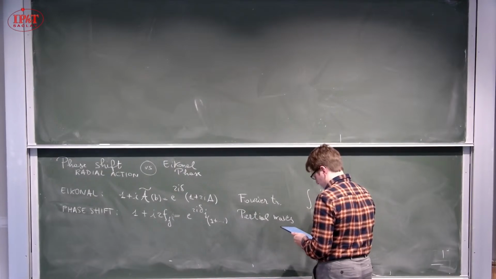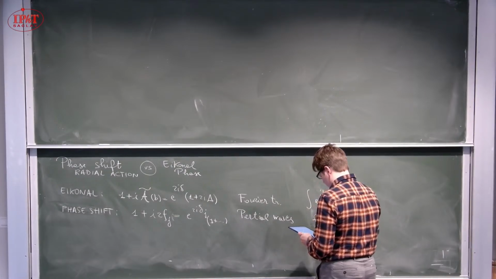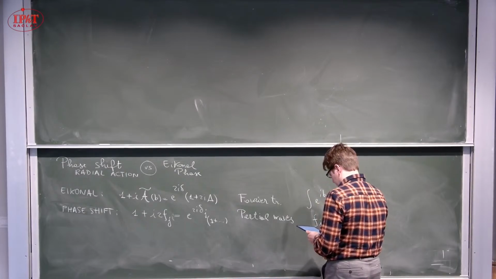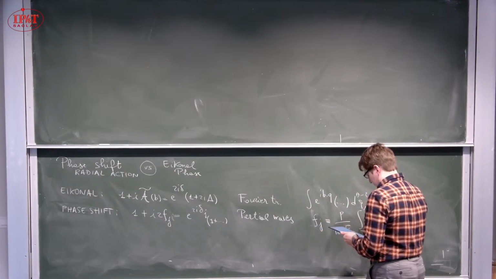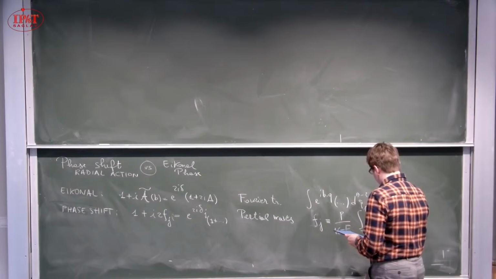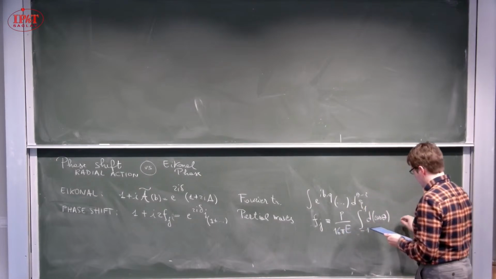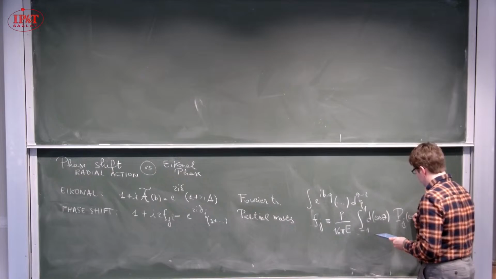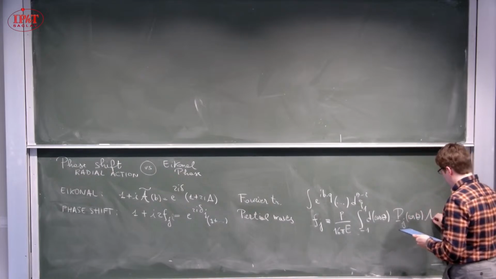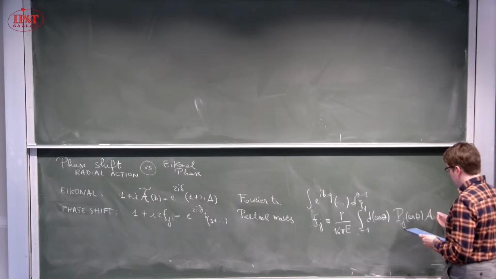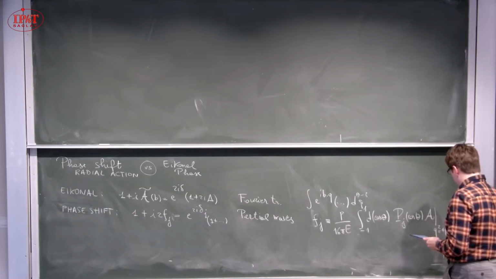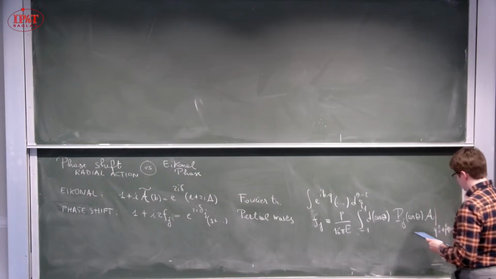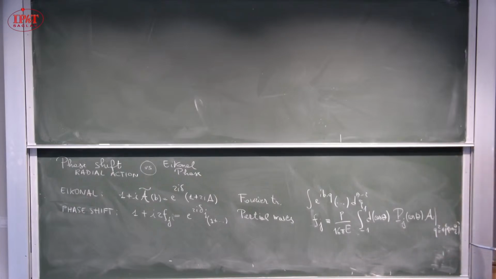So let me give the precise definition. f_j is p divided by 16 pi e, integral from -1 to 1 d cos theta, P_j, the Legendre polynomial, of the amplitude. And then instead of evaluating it at q, we evaluate it at q squared equal to 4p squared sine squared of theta half. Okay.